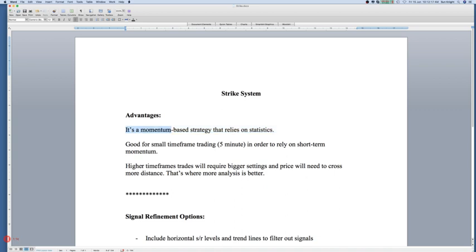And obviously, it's understandable if you don't want to just rely on somebody's statistical claim. So you can try out the signals on a demo account or on really small risk at first to see if you find that it works well enough for you. That's one way. The other way is you can include some signal refinement or extra filters, which I'll teach you, so that you will apply a little bit of your own analysis to it, so you can essentially choose the best signals and filter out not so great signals.